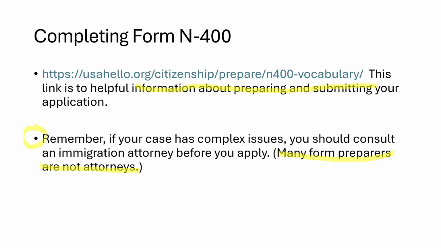Maybe information that was not discussed at your green card interview, but you are afraid it might be a problem now. Anything complicated like that, just do what you need to do, but see an actual attorney.